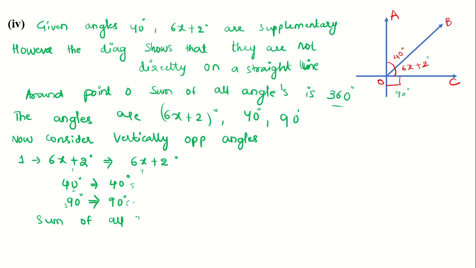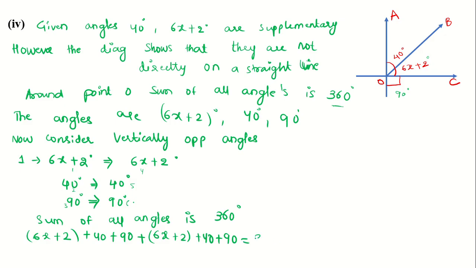Now, the sum of all angles is 360 degrees. What are the angles you have? It is 6x plus 2 plus 40 plus 90. Again, the vertically opposite angles are 6x plus 2 plus 40 plus 90, is equal to 360 degrees.